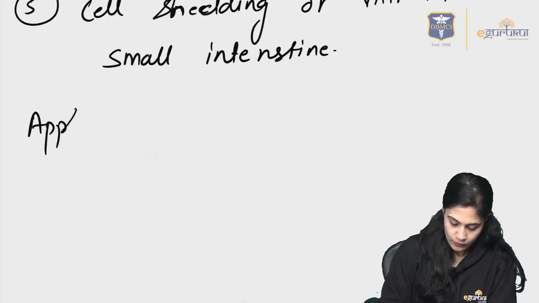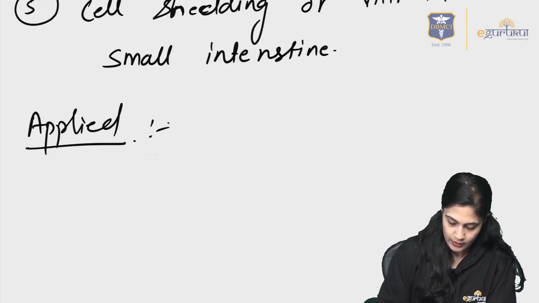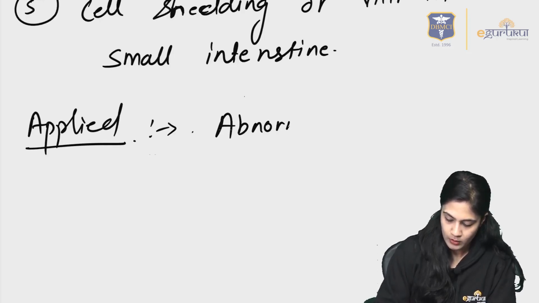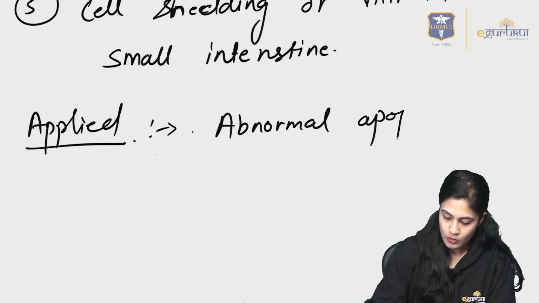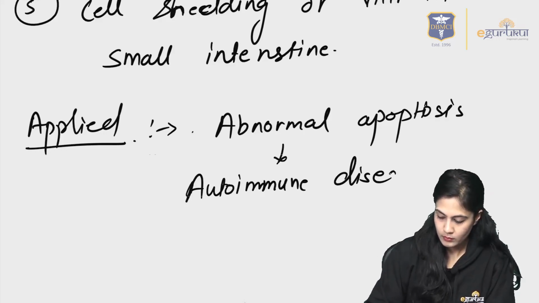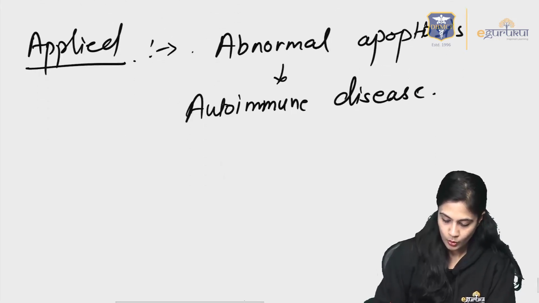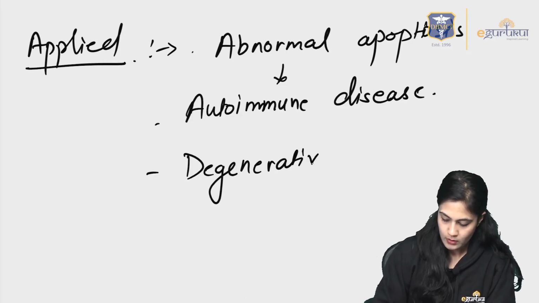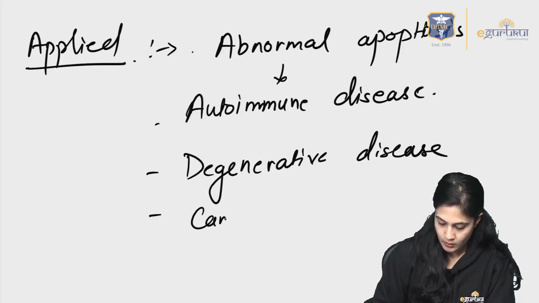What is the applied aspect of it? We discussed the physiological significance. The applied aspect is, if there is an abnormal pathway or mechanism of apoptosis, what will happen? Autoimmune disease can be seen, right. Autoimmune disease or degenerative diseases, or the very important thing, cancer.